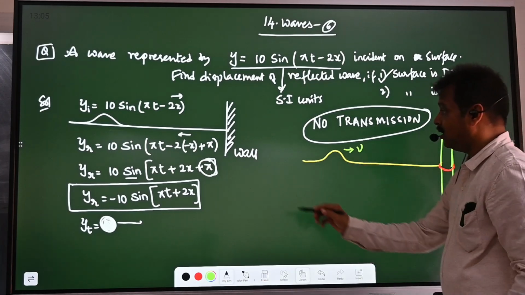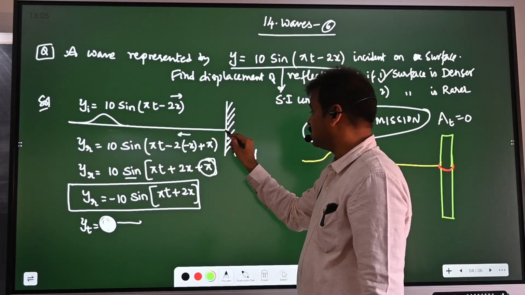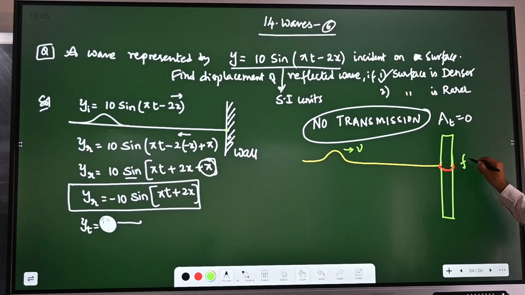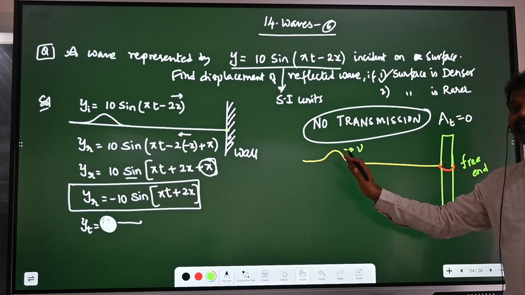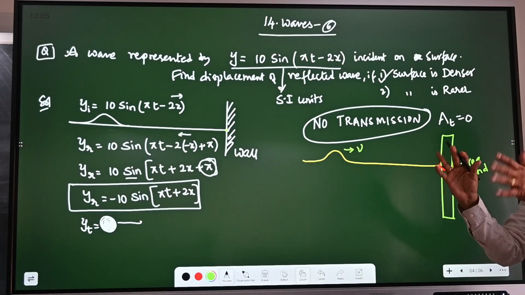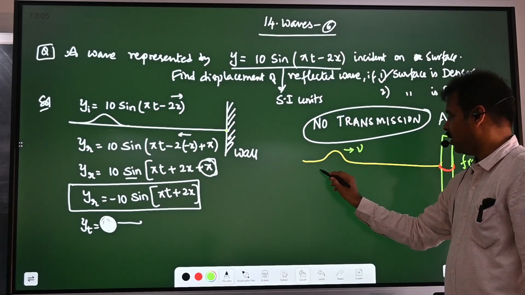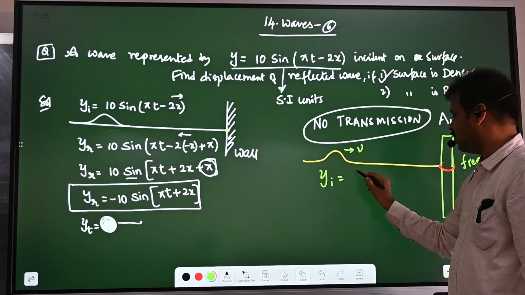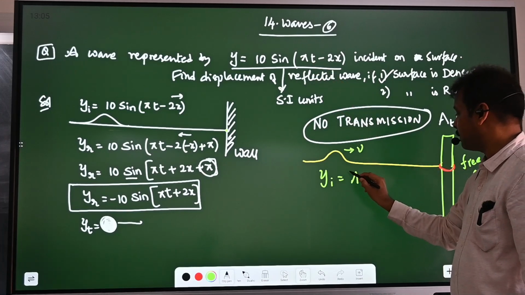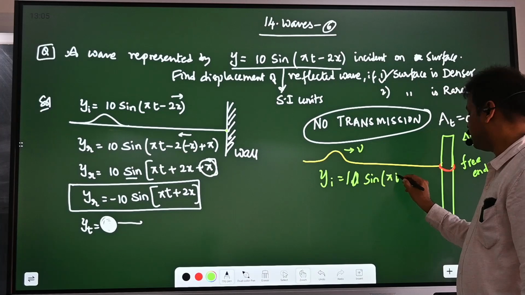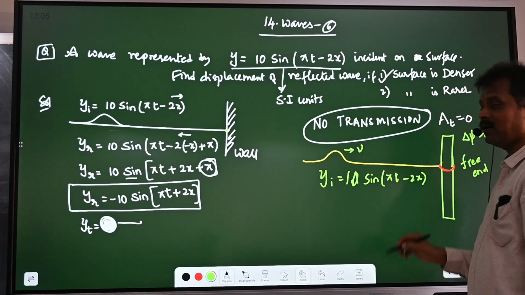Now when this pulse comes here, it is not striking a hard surface. This is called a free end. Denser to rarer, we can check: here there is no phase change, because this is a free end. Then what is the incident wave equation? 10 sine (pi t minus 2x).